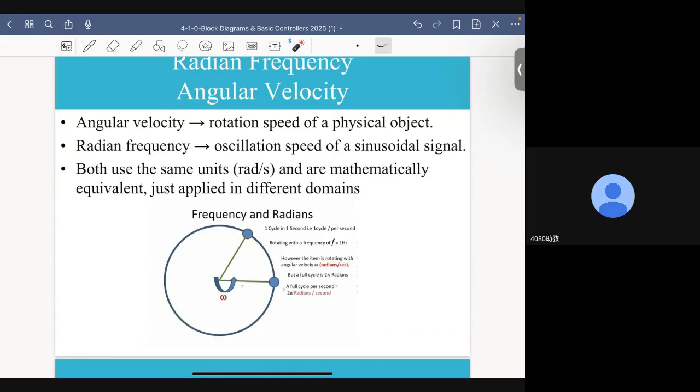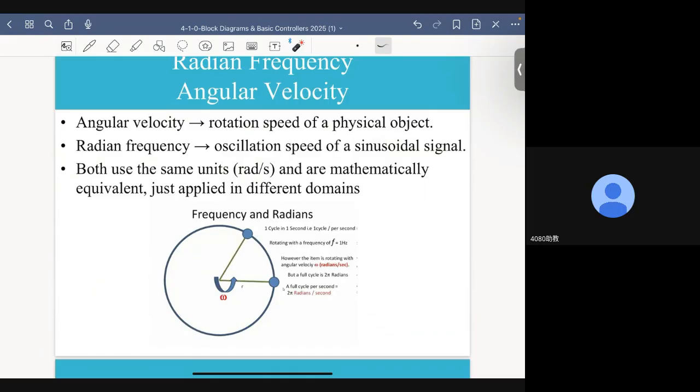Angular velocity represents the rotation speed of a physical object, such as the pointer of this clock, and radian frequency represents the oscillation speed of sinusoidal signals. Both use the same unit, radians per second.